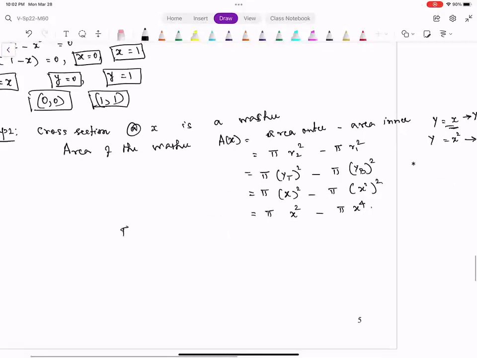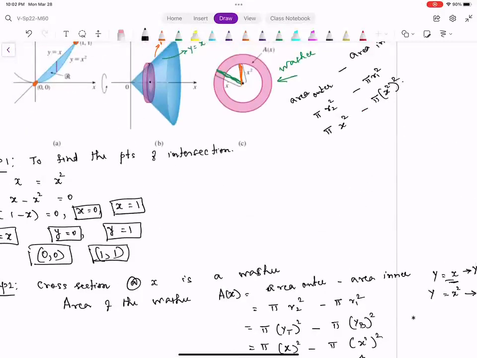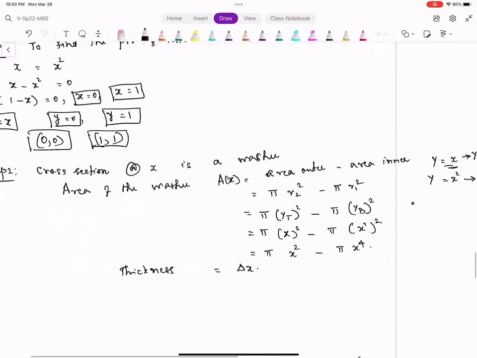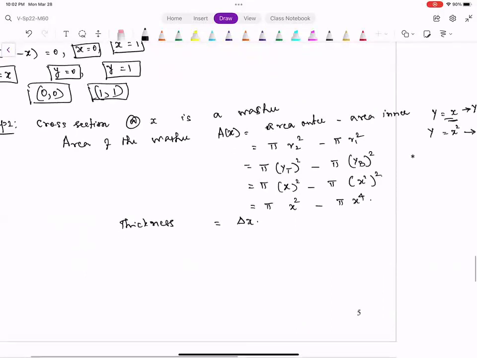So what is the thickness of the washer? The thickness of the washer is nothing but delta x, because it is placed at the ith interval. All intervals are of the same thickness, so it is equal to delta x.